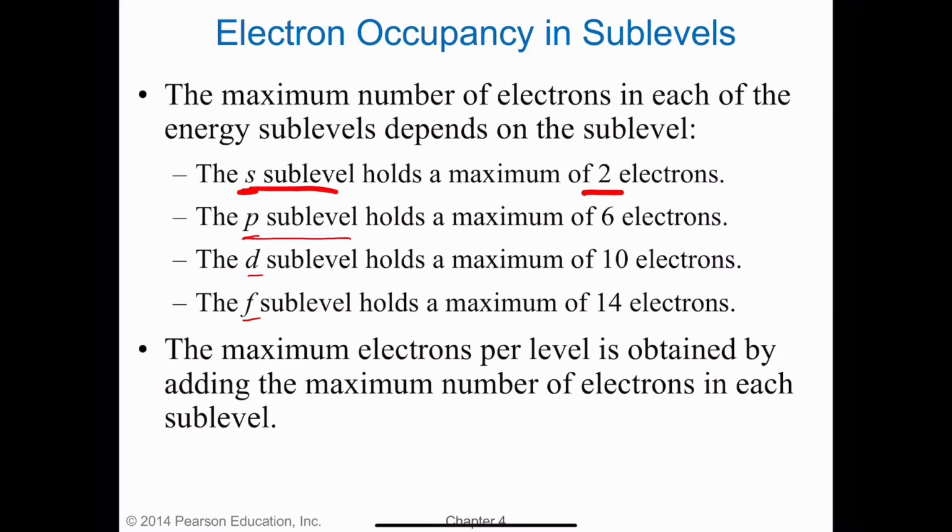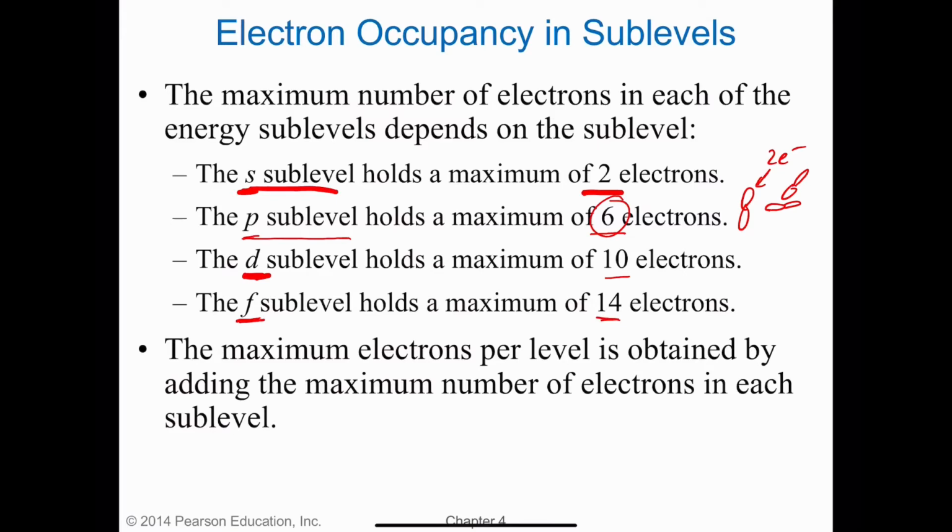P sublevels, whether it's 2p, 3p, 4p, etc., those can hold 6, because there's actually, and I have it on the other slide, so I'm getting ahead of myself already, 3 different orbitals, and then you can fit 2 electrons in each one, and then 2 times 3 is 6, so that's where the 6 comes from. And then the D, whether we're talking about a 3d, a 4d, a 5d, etc., those can hold 10. And then F, which you only see with the lanthanides and actinides, those can hold 14.